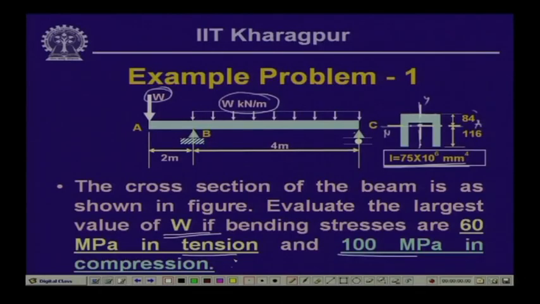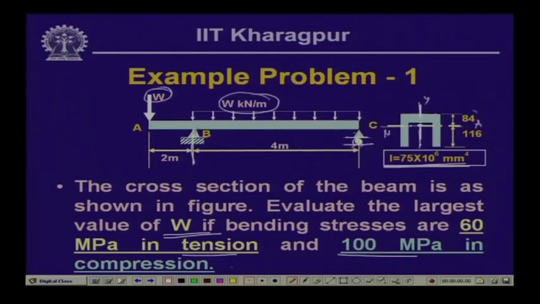Now, to do that, let us first find out where the maximum bending moment and the maximum shear force occur. Of course, here we are dealing with only the bending stress. If we know where the maximum bending moment is, we can compute the bending stresses. As usual, this beam is supported on a hinge at this end and a roller at this end.